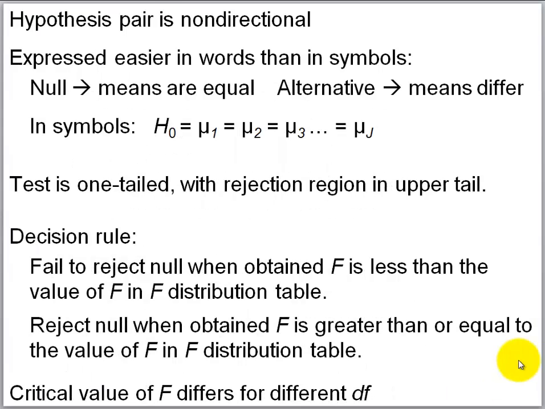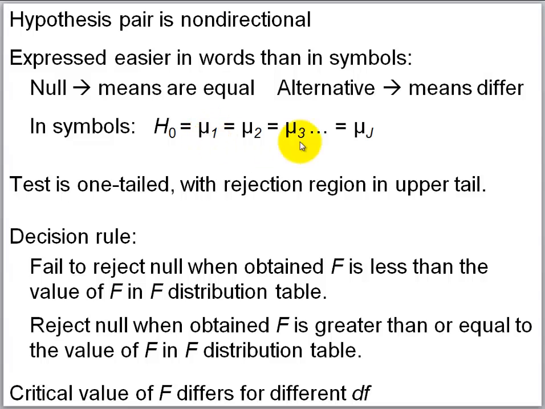The hypothesis pair in ANOVA is non-directional. One can express the null in symbols. So here is the null expressed in symbols. And so you can see the null is that all populations have equal means. So mu is symbolizing the mean in each population.